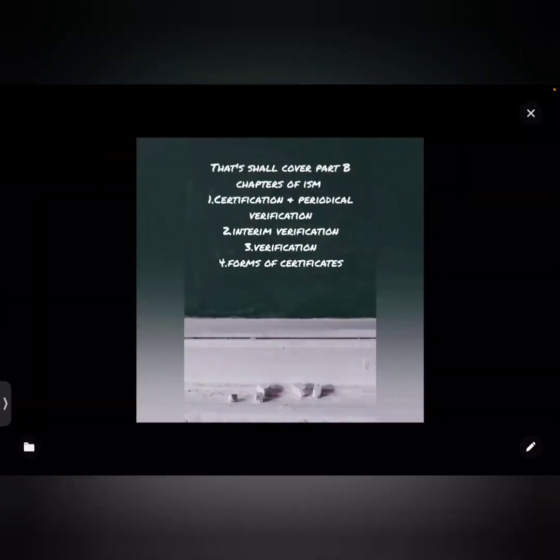And that should cover part B, chapters of the ISM, which is certification and periodical verification. Also interim verification, and the last will be forms of certificate. And that is how you're going to finish and remember the ISM code.